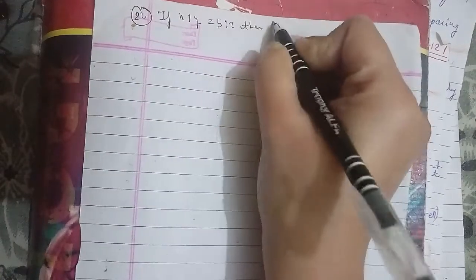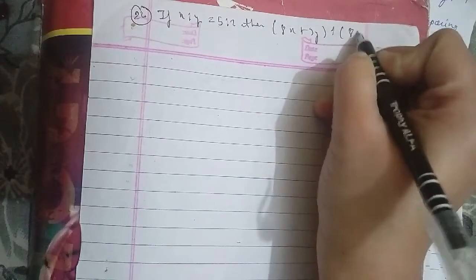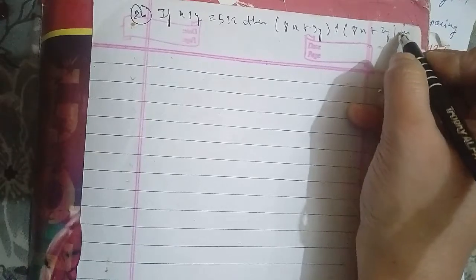So here we go. Let x equal 5k and y equal 2k.